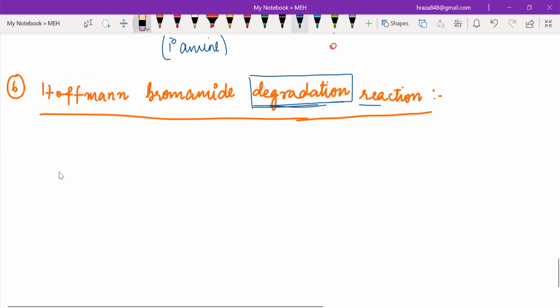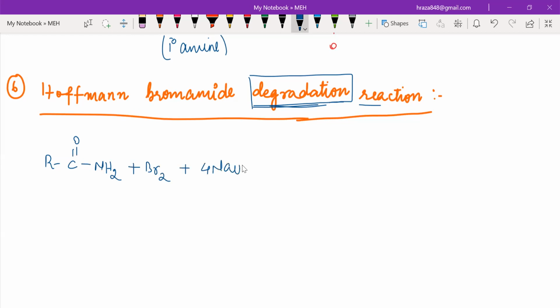So I'm going to write the reaction first. So this is your amide, bromamide. That means this amide is going to react with bromine in the presence of NaOH. So you will get this part first. This will combine with this and this CO will be eliminated.